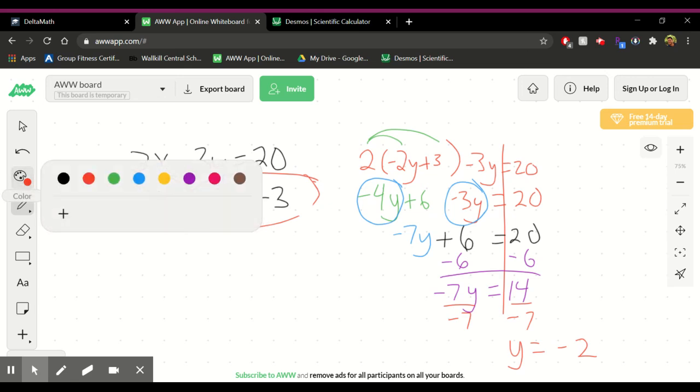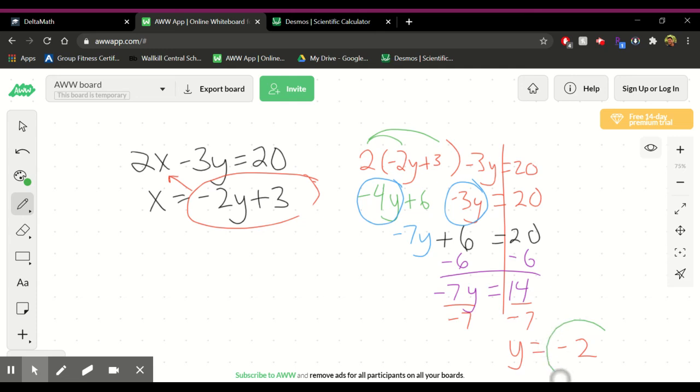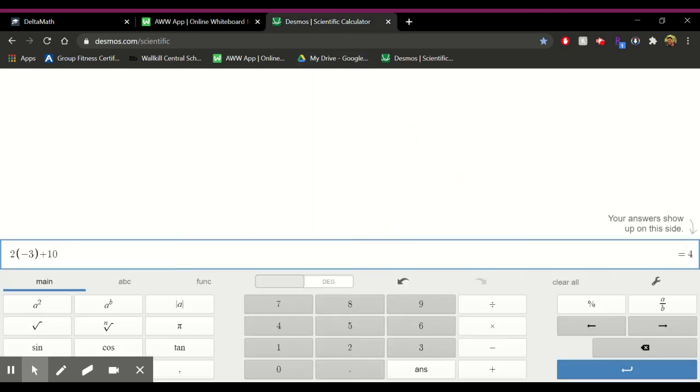Plug it back in. I'm going to plug it into, again, the isolated variable. This one right here. You have x equals negative 2 times negative 2, or you could just do it in the calculator. Negative 2, parentheses, negative 2, plus 3, which equals 7.